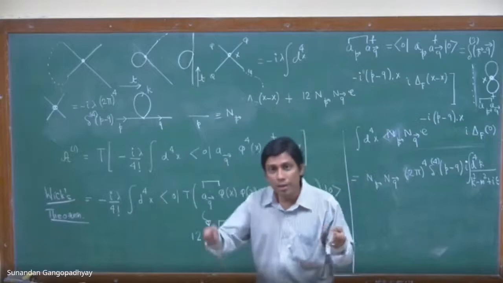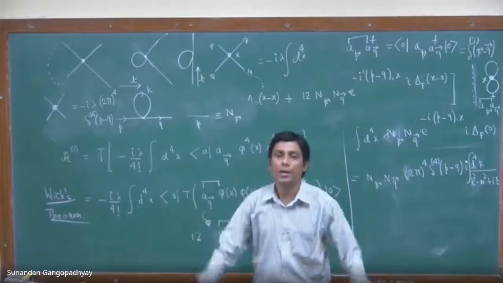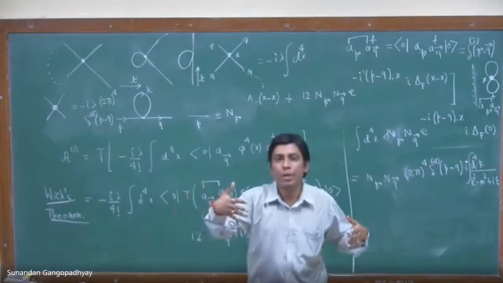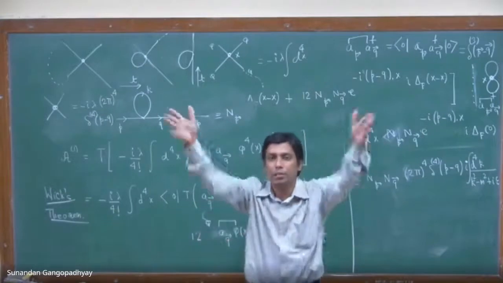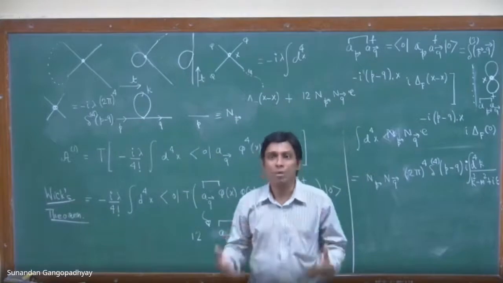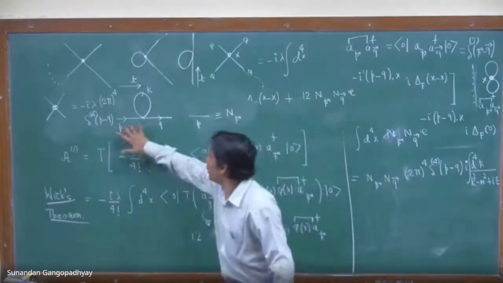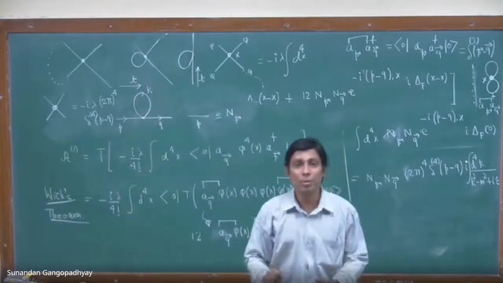It will depend on the values of the external momenta. You are shooting in particles. One has a momentum p, and one has a momentum q, and then they scatter and go away. So the amplitudes will be momentum dependent. And so this diagram is a Feynman diagram in momentum space, not in position space.